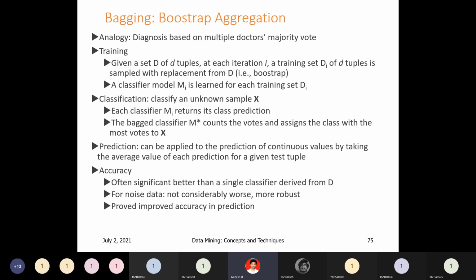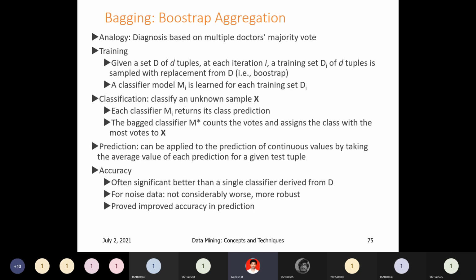If the data set consists of noisy data, model M1 gives some result, M2, M3 give some result. If the noise is high in one particular model, say M2, that will give the worst result, but M1, M3, M4, all these models will give better results.